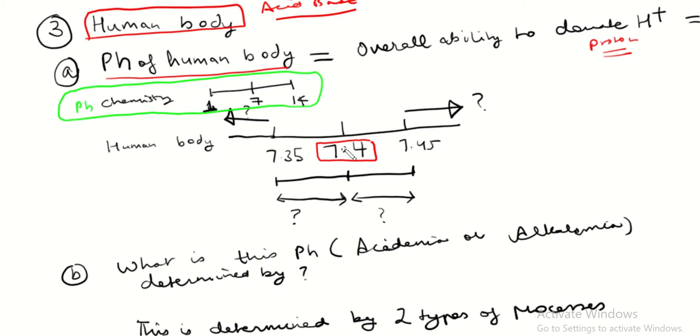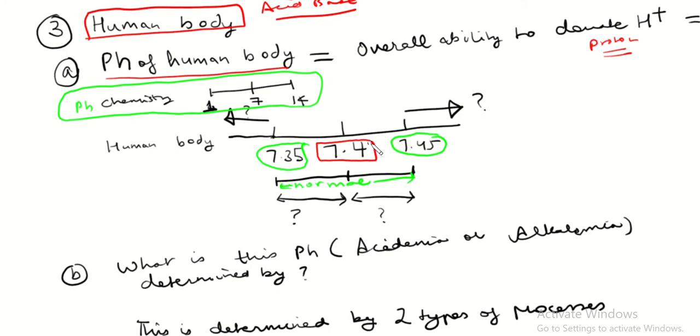You with me on this? The normal range, let me change the color. The normal range is between 7.35 and 7.45. So this is normal.